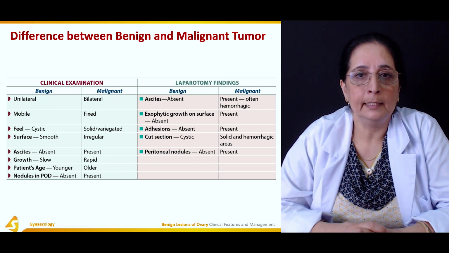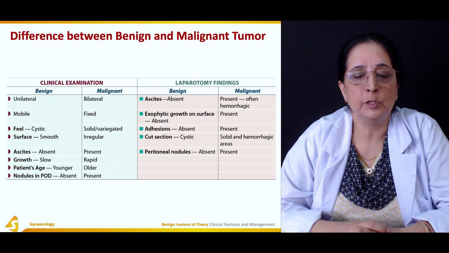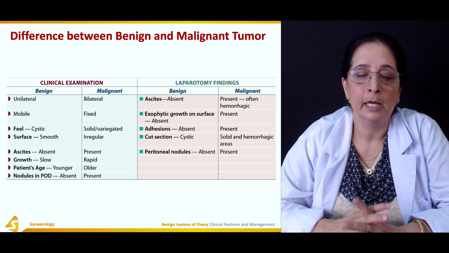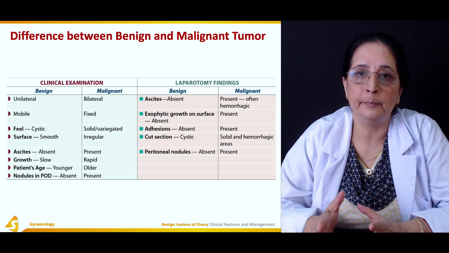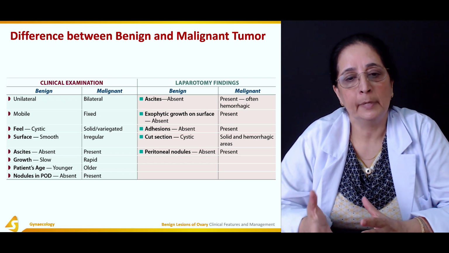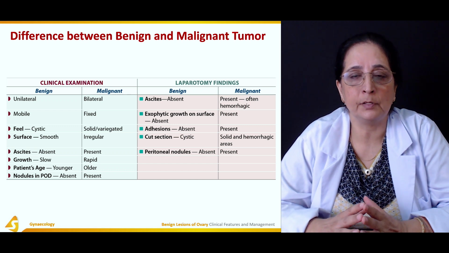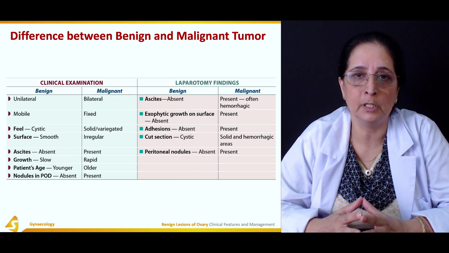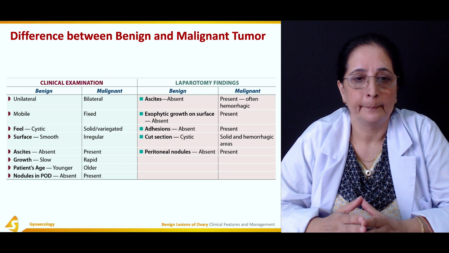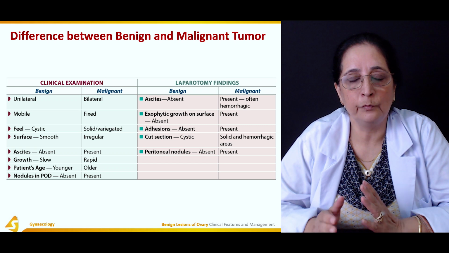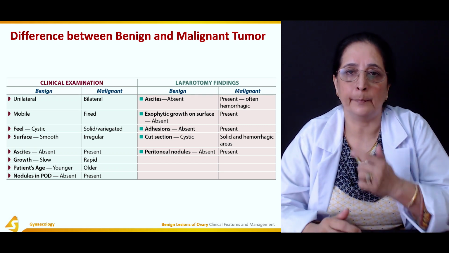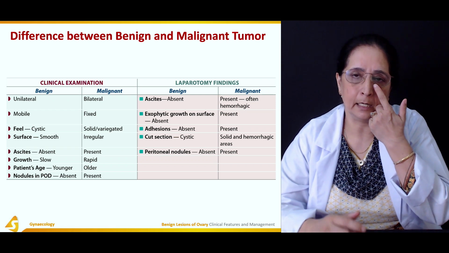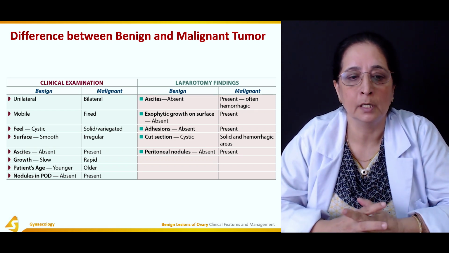On clinical examination, benign is usually unilateral, so they are present only on one side, but the malignant is bilateral, or present mostly on both sides. Benign are mobile, easily movable when we try to move them side to side or up and down, but the malignant are usually fixed, not mobile.